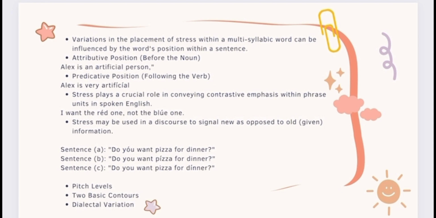Here, the speaker emphasizes pizza, suggesting a question about the choice of food for dinner, pizza or another option. Sentence C: Do you want pizza for DINNER? In this sentence, emphasizing dinner indicates that the speaker is inquiring about the timing of the meal, dinner, maybe lunch.